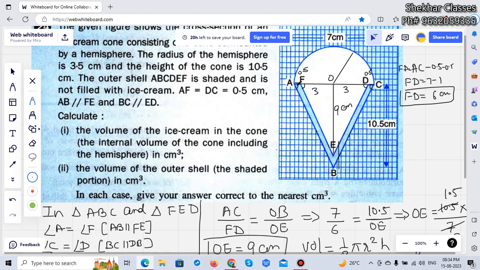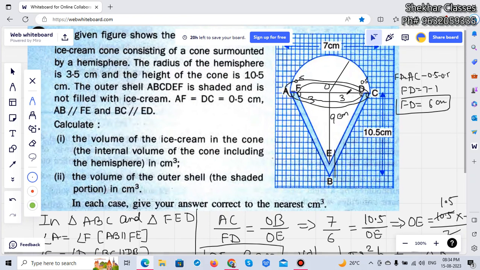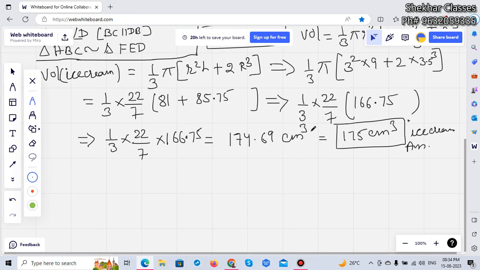To find that volume, we have to find the bigger cone volume, and from there I have to subtract the smaller cone volume in it. Okay, so bigger cone will come with the radius 3.5, smaller cone will come with the radius 3, height would be 10.5 and 9 respectively. So we can put the formula here.